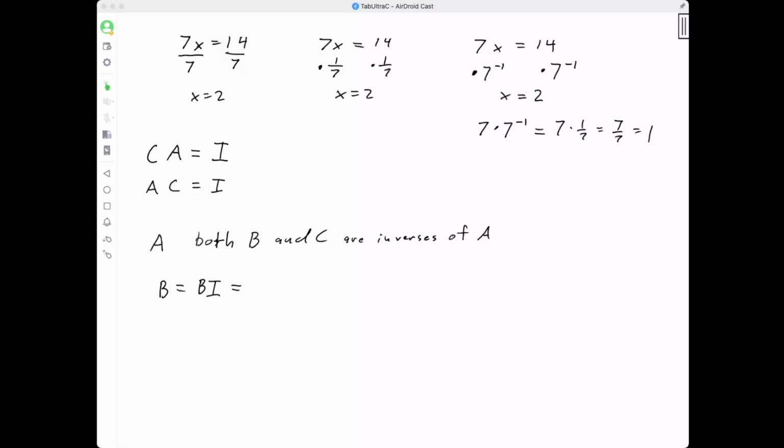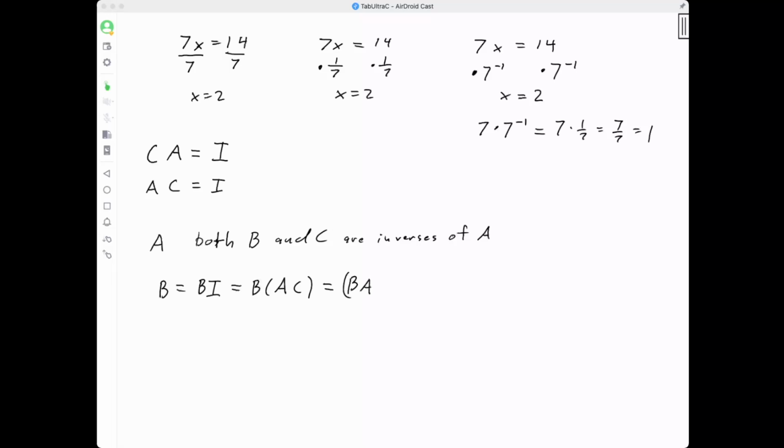Because C is an inverse matrix of A, I can replace the I with AC. But I can do the first multiplication first instead.